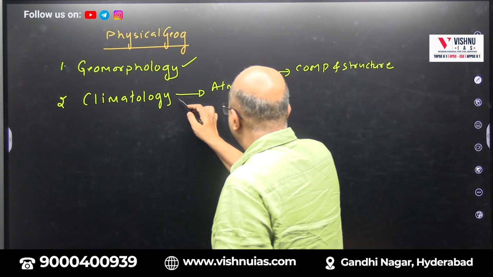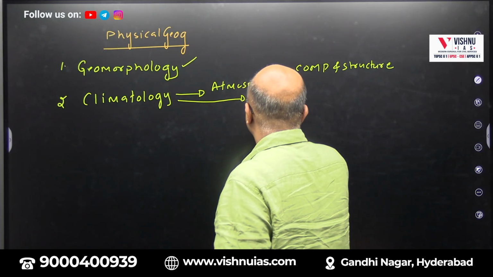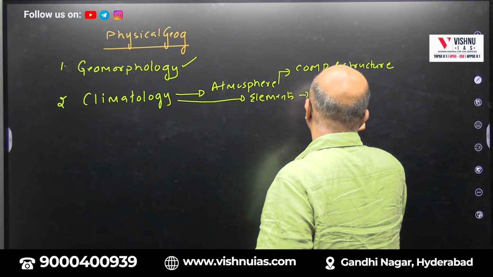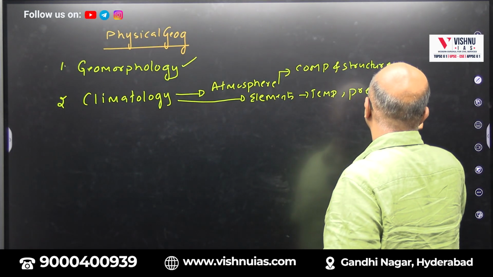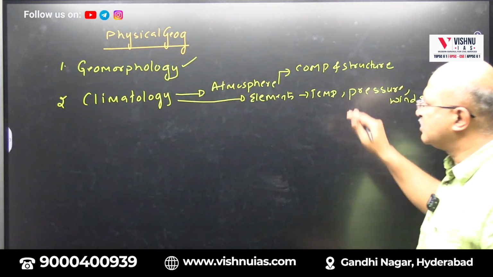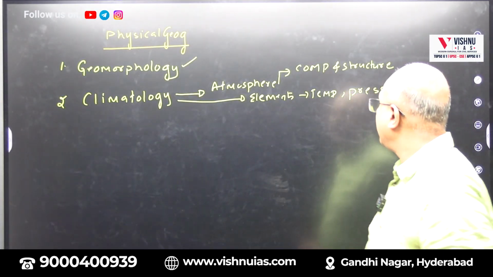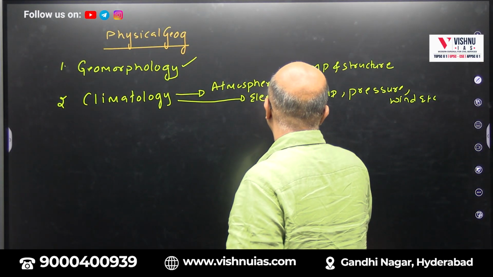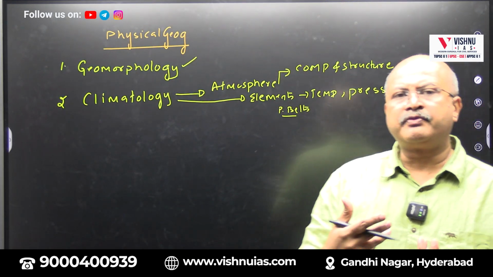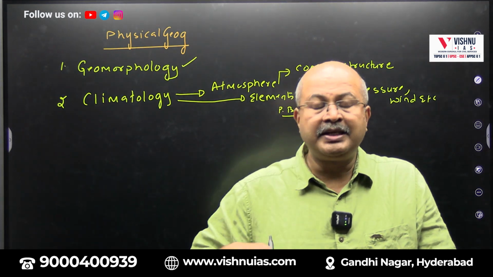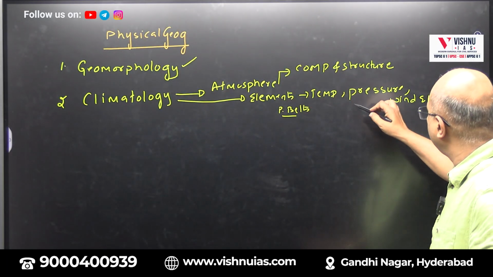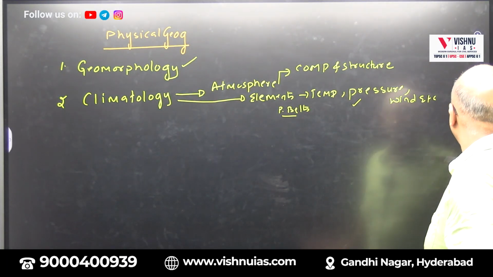And then fundamental elements of climatology, like temperature variation, pressure variation, winds, etc. Then again, many concepts like pressure belts, and among the winds, jet streams, atmospheric phenomena like cyclones, anticyclones, thunderstorms, cloud bursts, all these we will read in the second aspect which is called climatology.